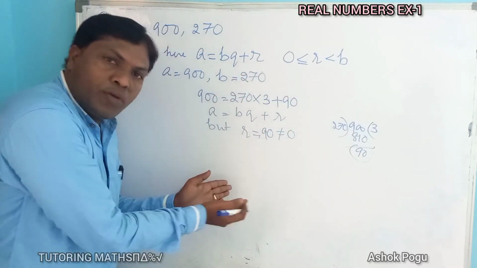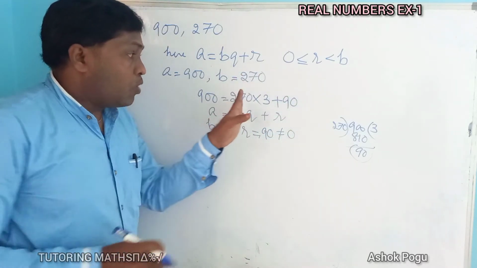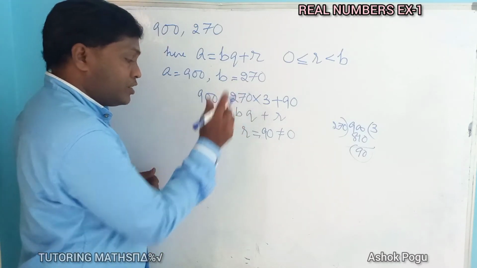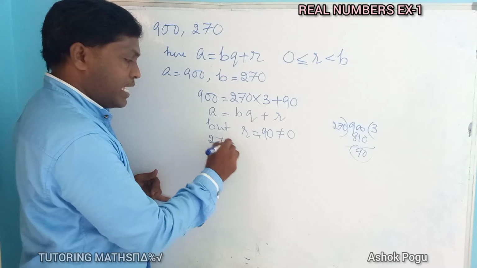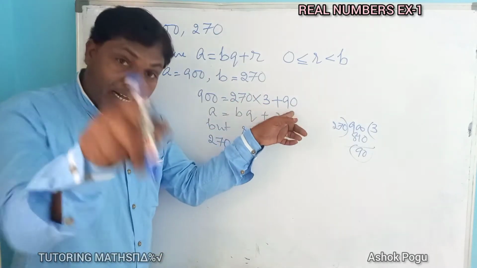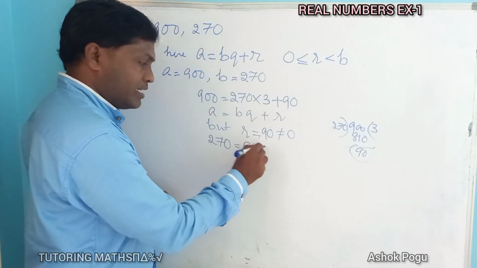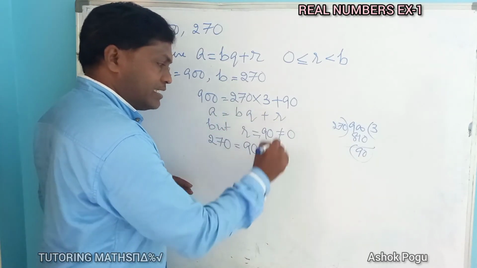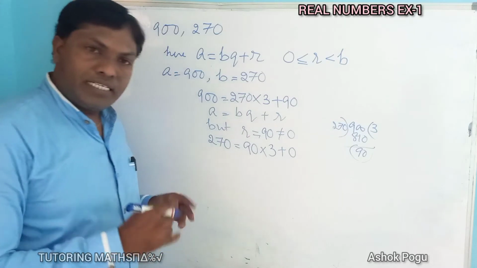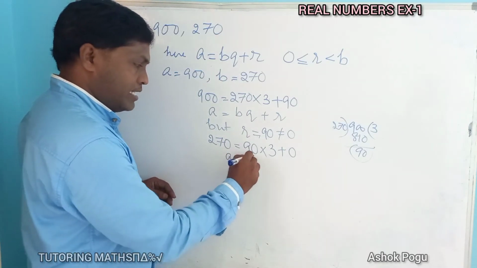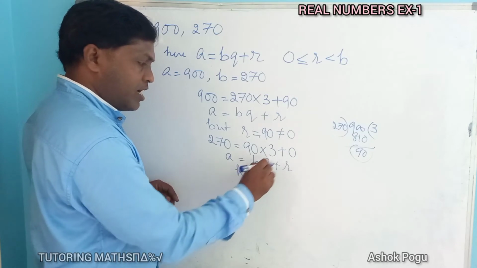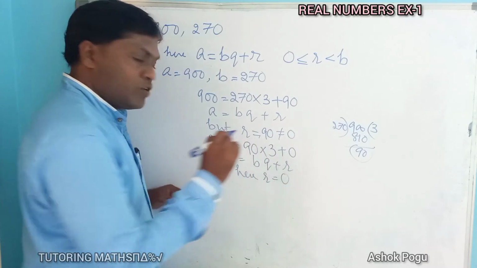So let us continue the process. Now what do they become? Now what would be a? This 270 becomes a, and the remainder becomes the divisor. Now 90 table 270 directly, 90 3s are 270, that is remainder 0, and here a is equal to bq plus r. Here what is r? r is equal to 0.